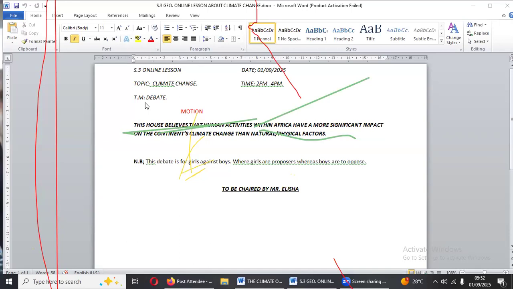Some activities, for example volcanic eruption, release toxic gases like carbon dioxide, carbon monoxide, and sulfur dioxide, which are greenhouse gases that all contribute to global warming, which similarly leads to climate change.